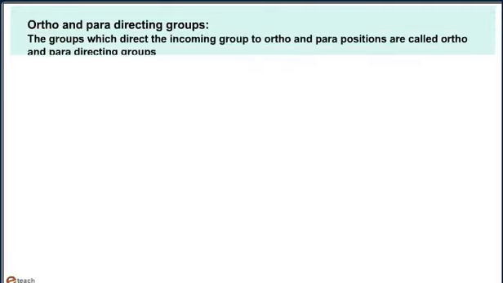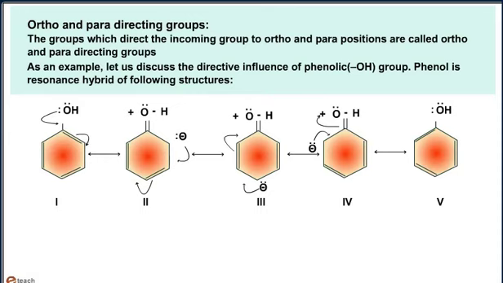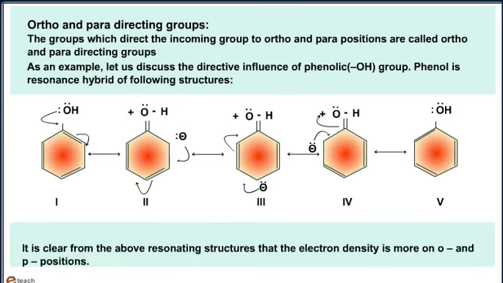Ortho and para directing groups. The groups which direct the incoming group to ortho and para positions are called ortho and para directing groups. As an example, let us discuss the directive influence of phenolic, that is OH group. Phenol is a resonance hybrid of the following structures given here. It is clear from the above resonating structures that the electron density is more on ortho and para positions.